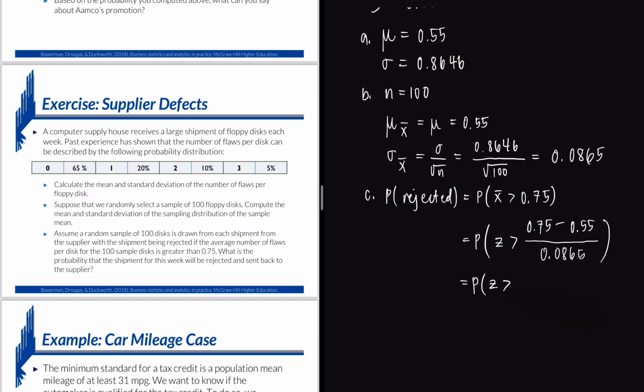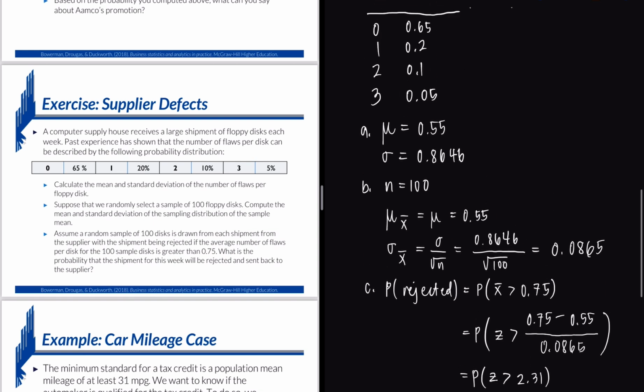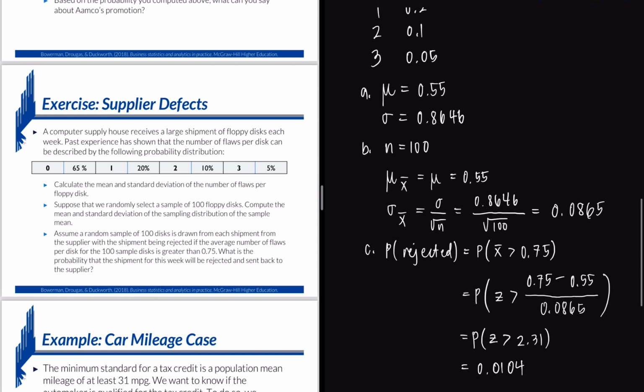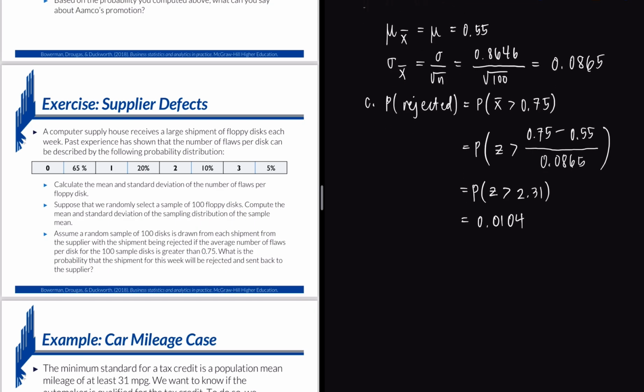So computing for this Z-score, we will get 2.31, and from the standard normal table or the normal distribution function in the calculator, we will get the area to the right of 2.31, which is 0.0104 or 1.04%. So the probability that the shipment will be rejected is only 1.04%. So those are some examples of computing for probabilities involving sampling distributions of the sample mean.